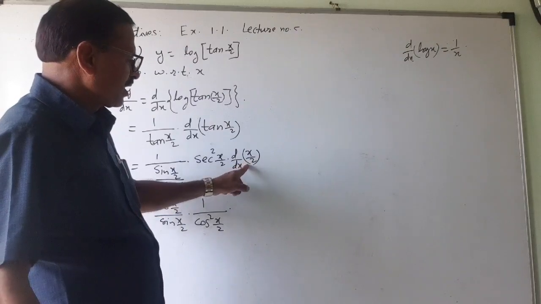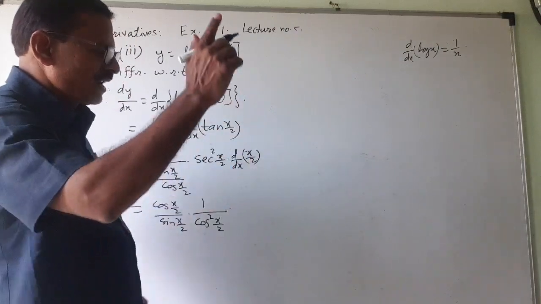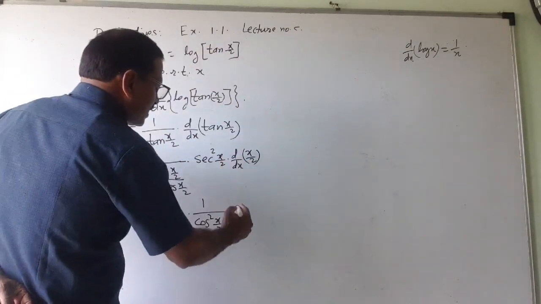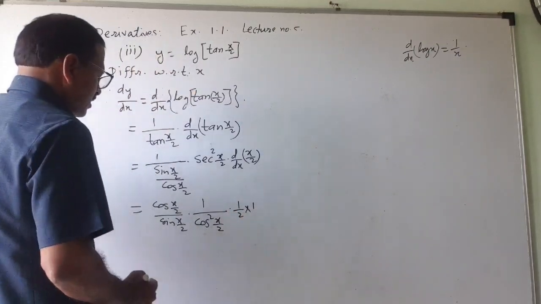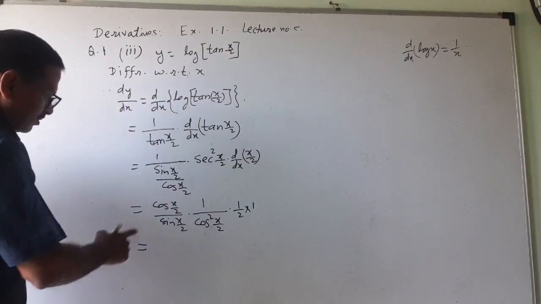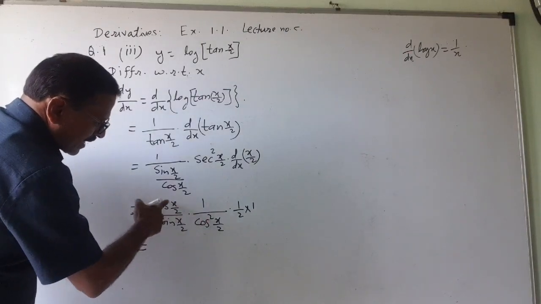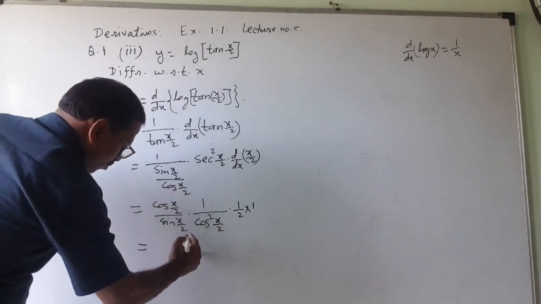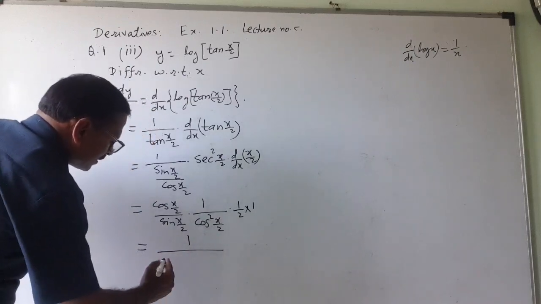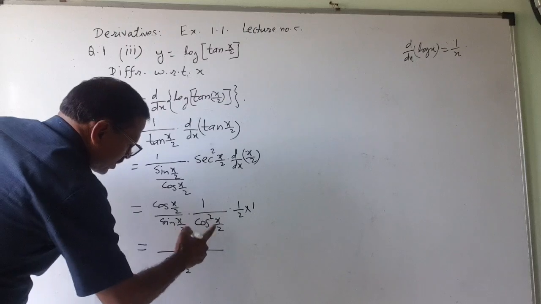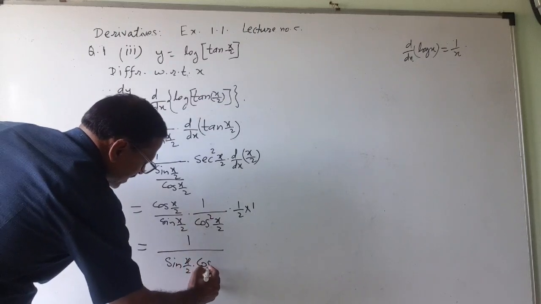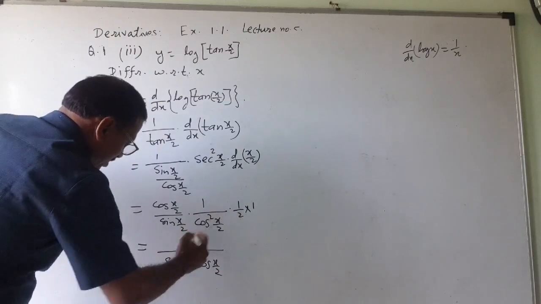We are going to take the derivative of the variable x, and the derivative of x is 1. So 1 upon 2 into 1. So that is equal to, this 1 cos will get cancelled. So 1 upon sine x by 2 into this 1 cos will remain, cos x by 2, and these 2.